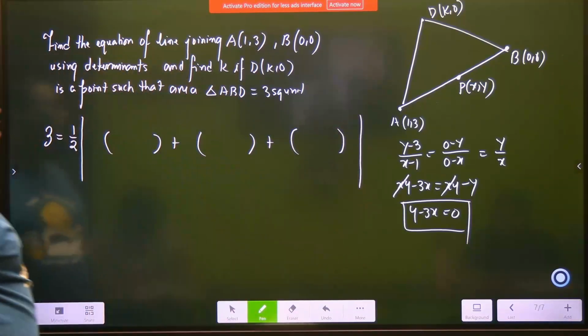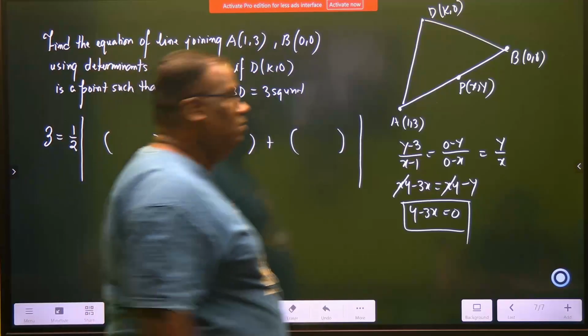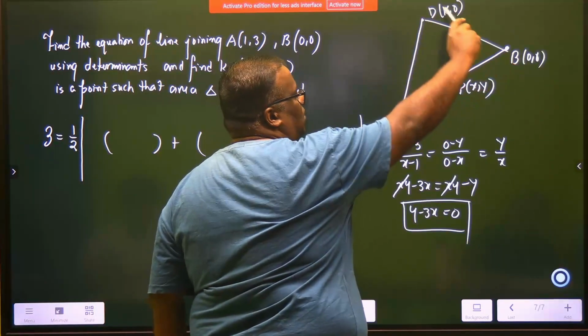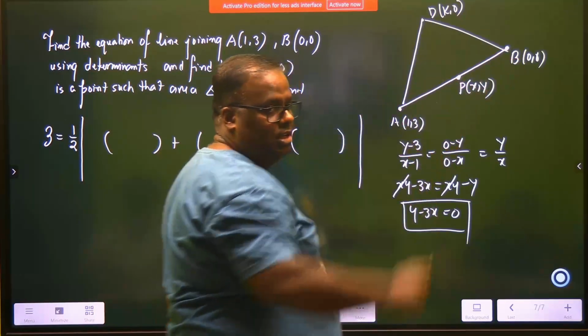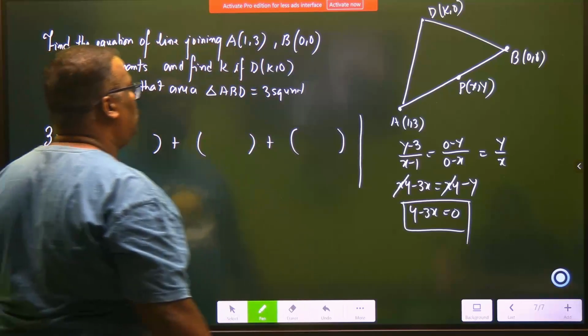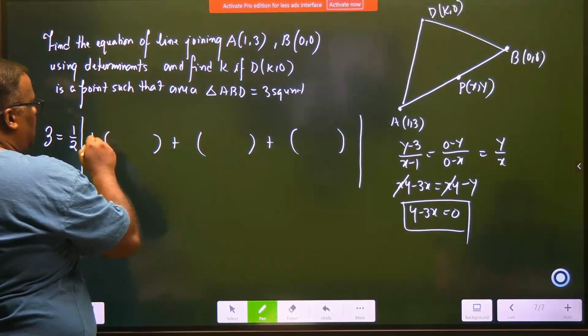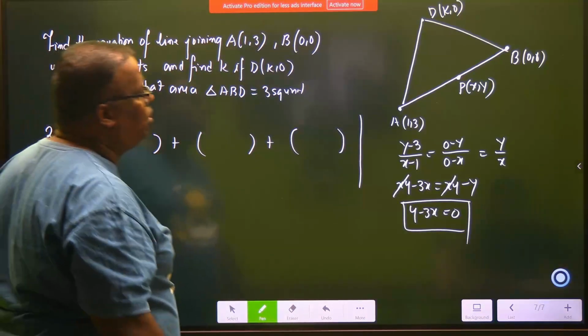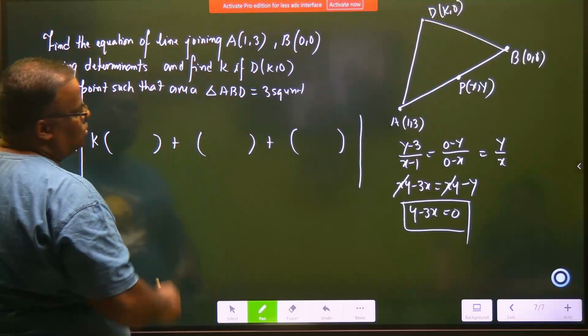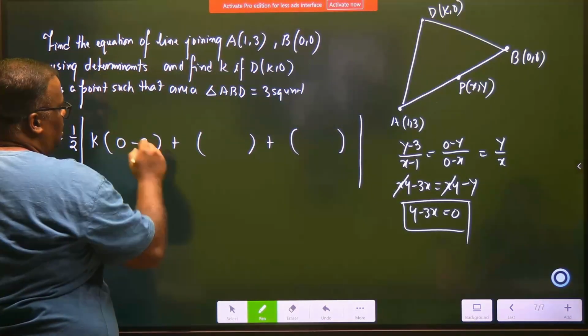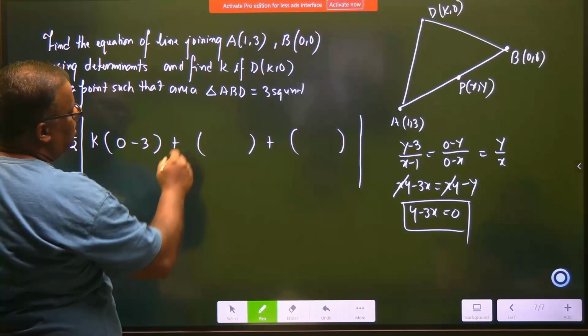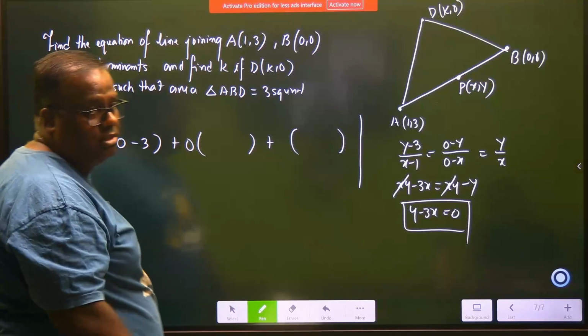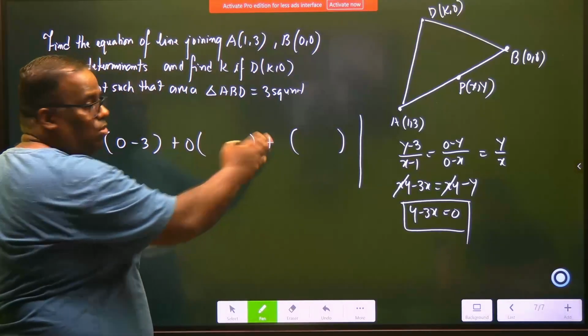We'll take this as x1, y1, x2, y2, x3, y3. So first we put x1, and then we put y2 minus y3, so it will be 0 minus 3. Then we put x2. x2 is 0, so no need of calculating. Whatever it is, it will come 0 only.